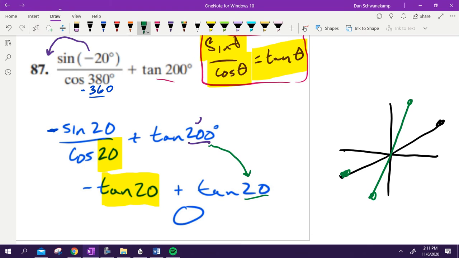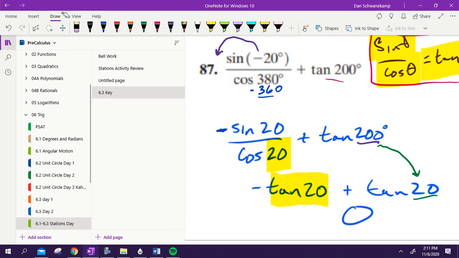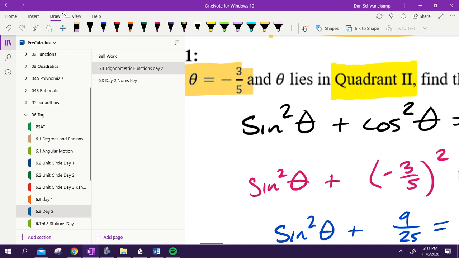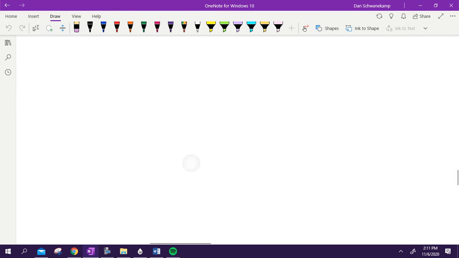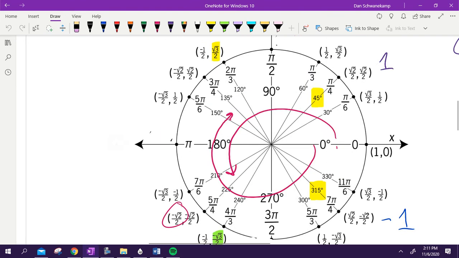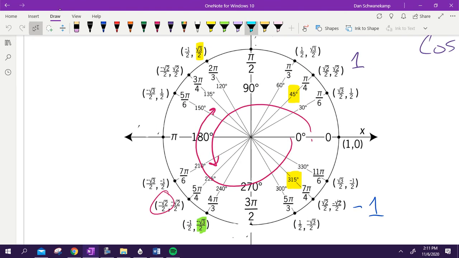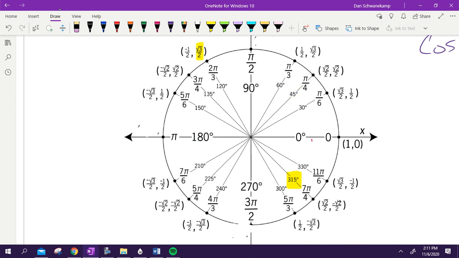Tangent 220, this part? Okay. So think of a unit circle. I'm just going to pull up a unit circle up here. Yeah, that one. So if I pulled up any unit circle and I look at it, pick any ordered pair. Pick me an angle. What angle do you want? 30 degrees.